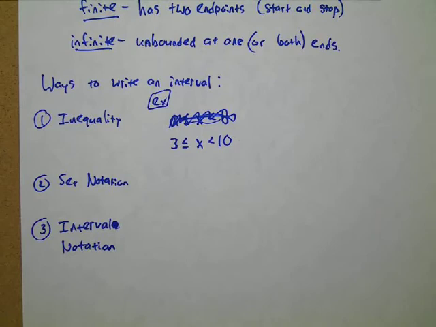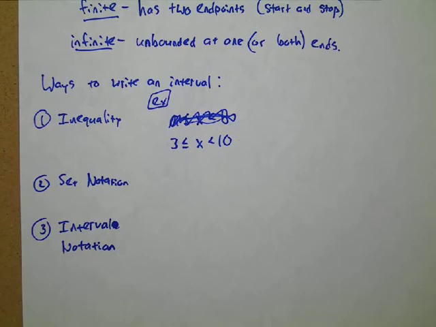So if I write it like this, now x is greater than or equal to 3, and we also have that x is less than 10. Do you see how I flipped this around? It's still saying the same thing, because it's pointing to the 3 and opening up towards the x.